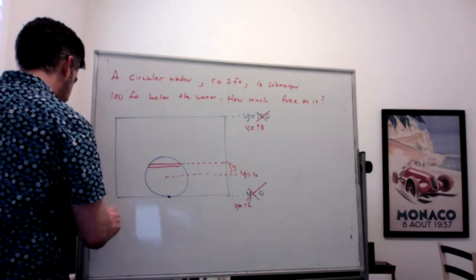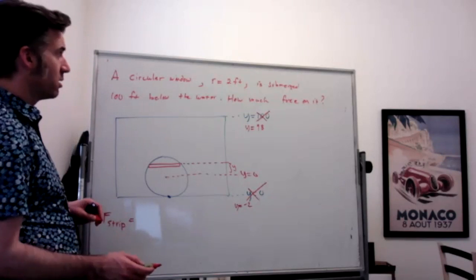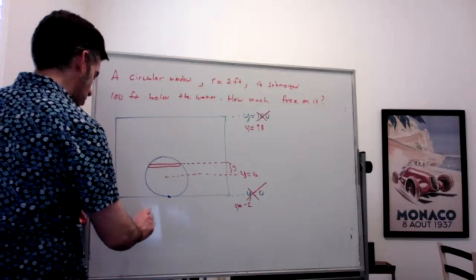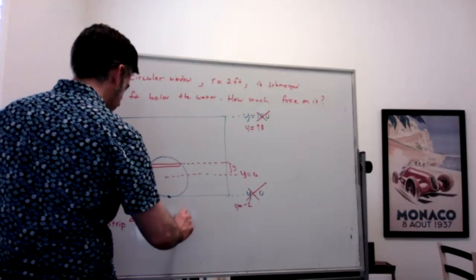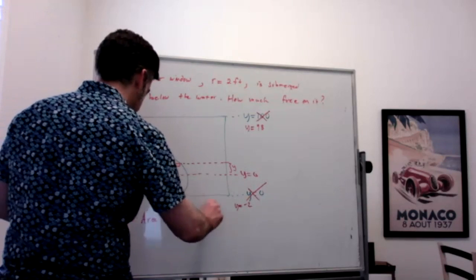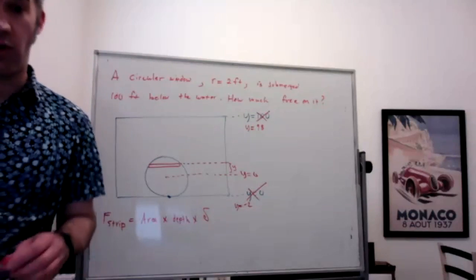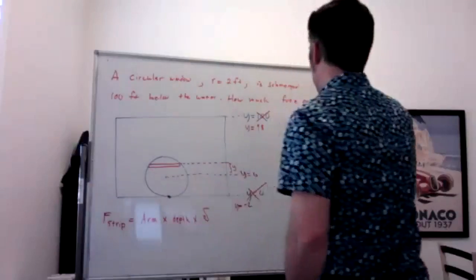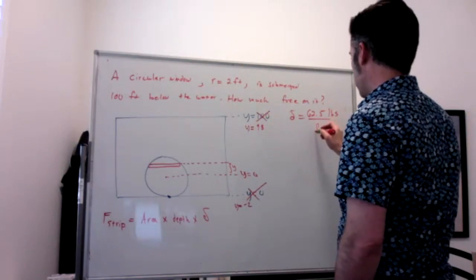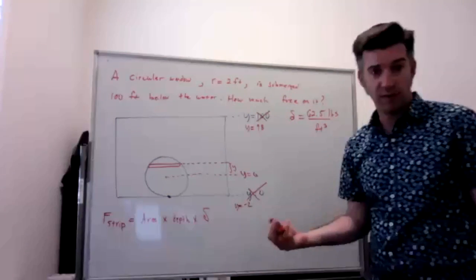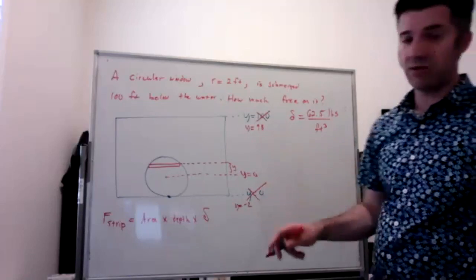So the force on the strip, once again, is going to be area times depth times density. In this case, since I'm doing things in terms of feet, we know that the density of water is 62.5 pounds per cubic foot. And we don't have to multiply by gravity because pounds already accounts for that. So we just need the area of the strip times the depth of the strip.